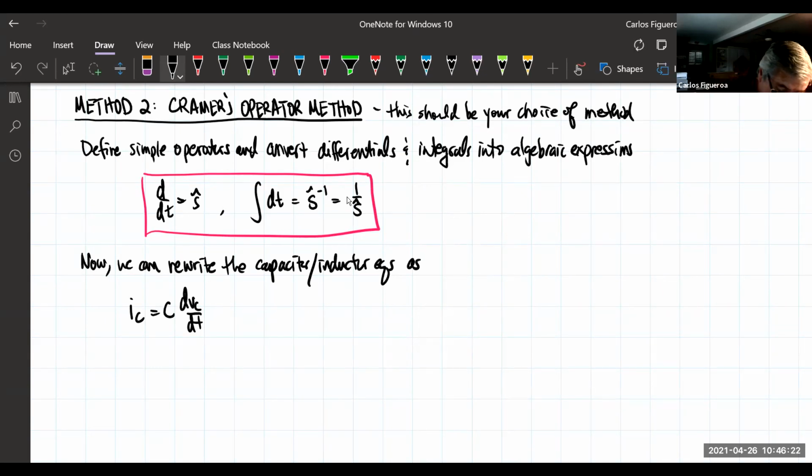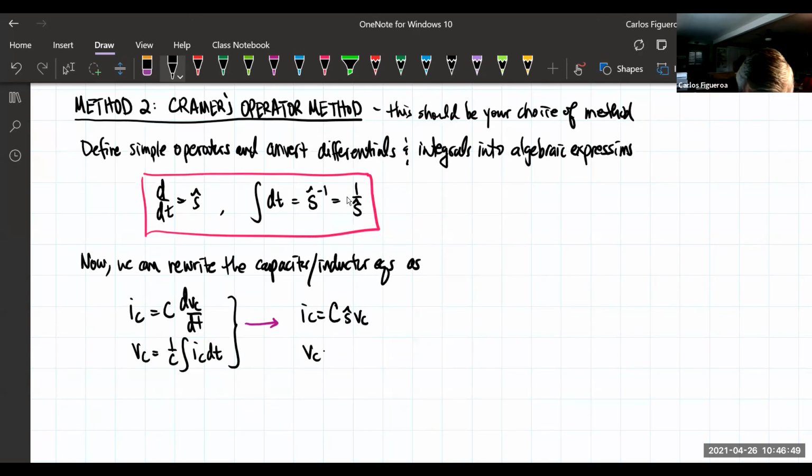And if I take the derivative of this guy, it's going to be this guy here. When I convert these into operator equations, it really is IC equal to C s hat operating on this. Or I can write VC as 1 over C of s hat inverse IC. So these are my capacitor equations in this form.